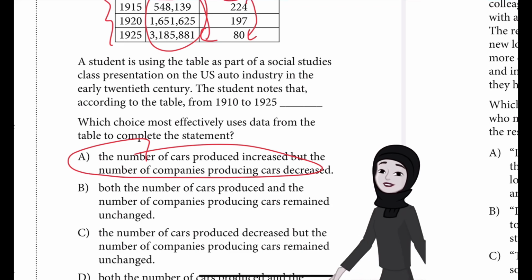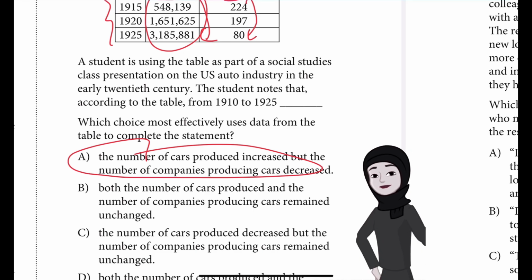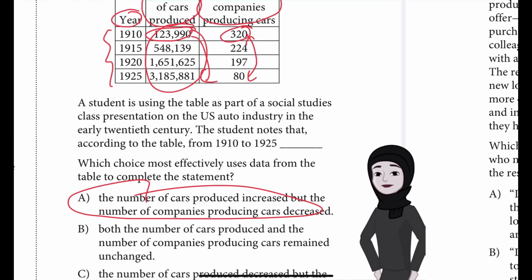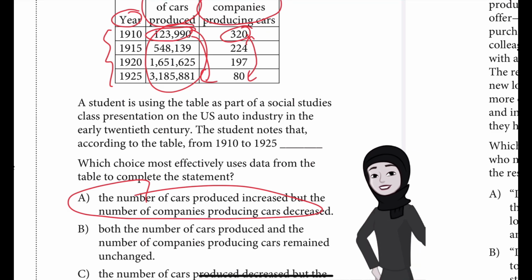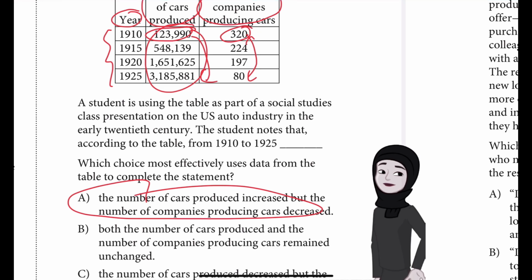So the table shows the number of cars produced annually and the number of companies producing cars in the United States between 1910 and 1925 in increments of 5 years. According to the table, the number of cars produced consistently increased from one increment to the next, going from 123,990 cars in 1910 to 3,185,881 cars in 1925.